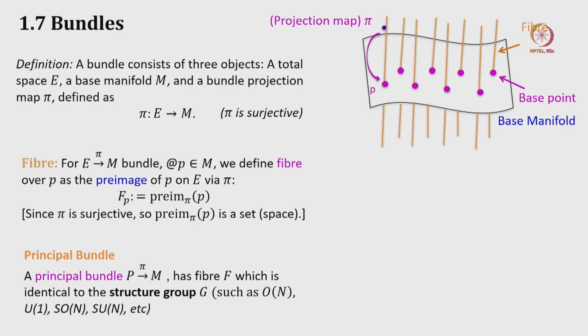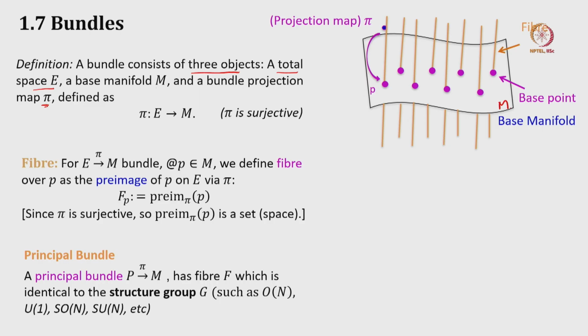Now let us be a little more specific about what a bundle is. A bundle consists of three things: a total space denoted by E, a base manifold, which we are drawing as a horizontal space, and a projection, a bundle projection map.